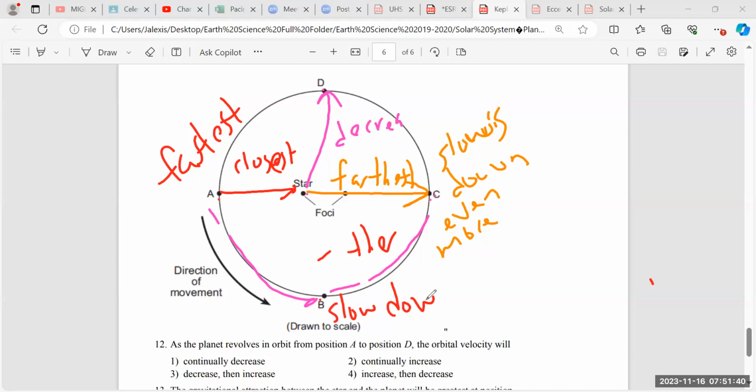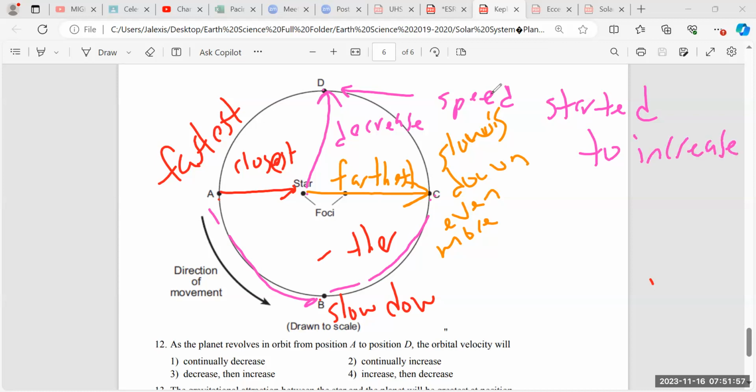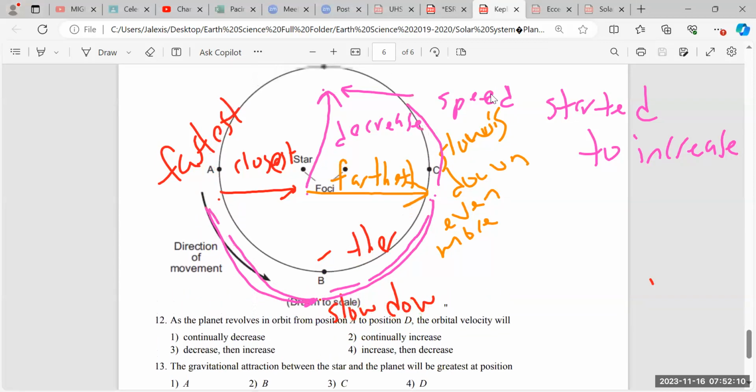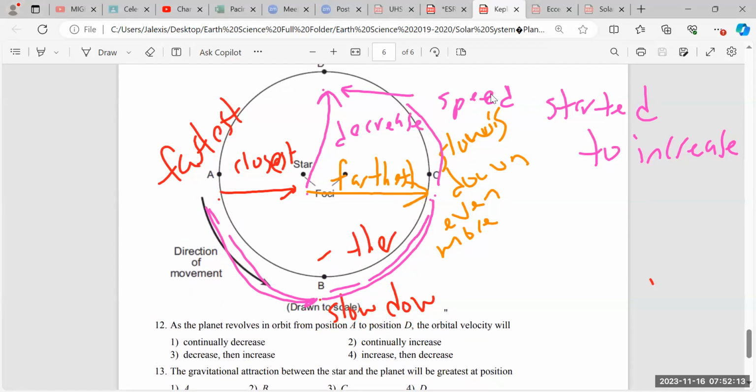So if the distance decreased, that means the speed started to increase. So which answer tells me that as I go from A to B, it slows down, from B to C, it slows down even more, but then from C to D, it starts to increase? The only option that shows that it decreases then increases is choice 3.